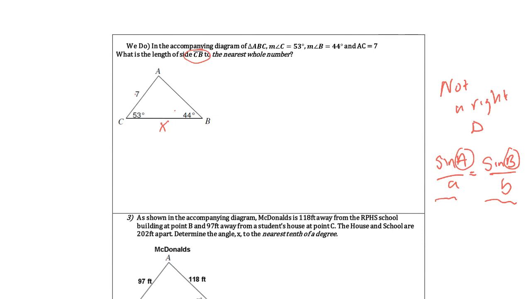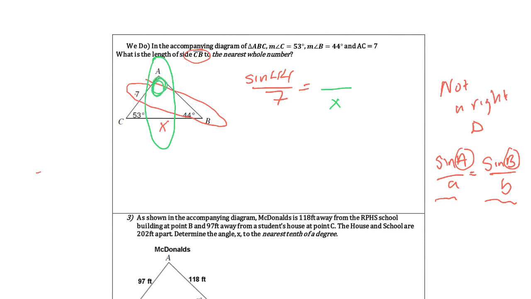So right away, I see 7 across from 44. So sine 44 over 7 equals, now I need another proportion. I have to find x. So I want to use this angle, but there's no angle there. It's not 53, so I can't do sine 53.